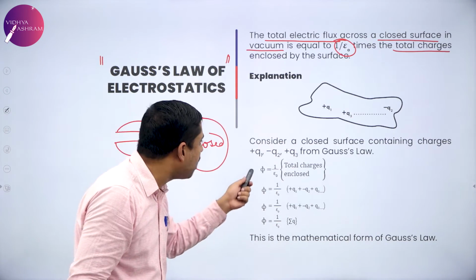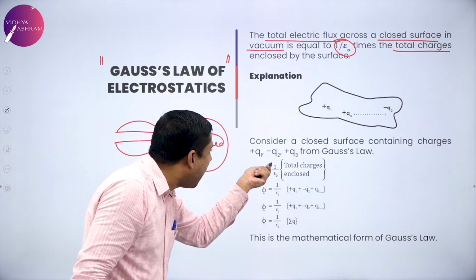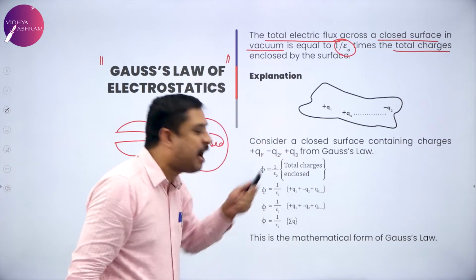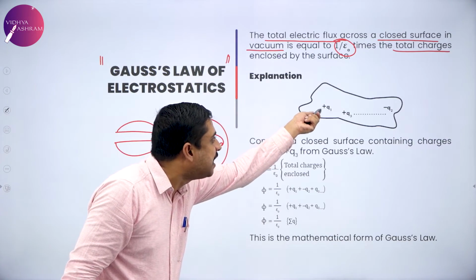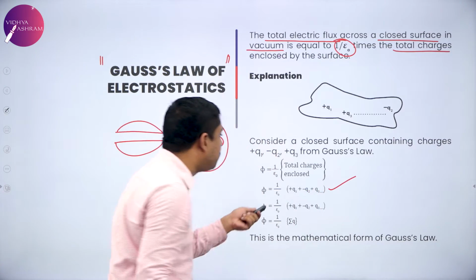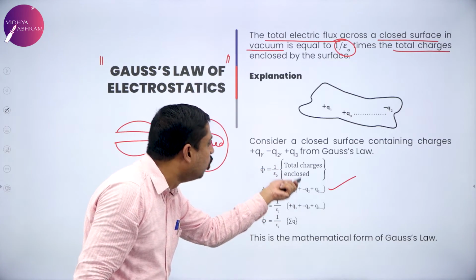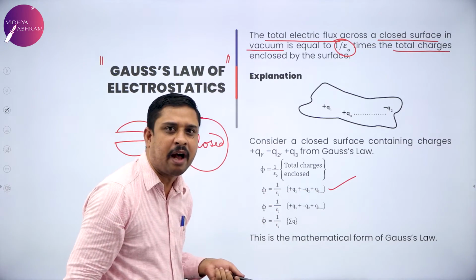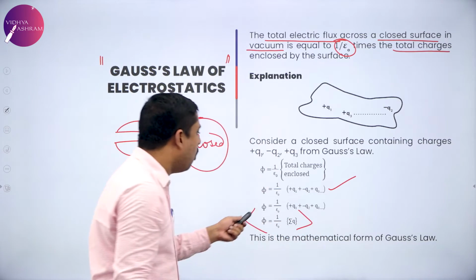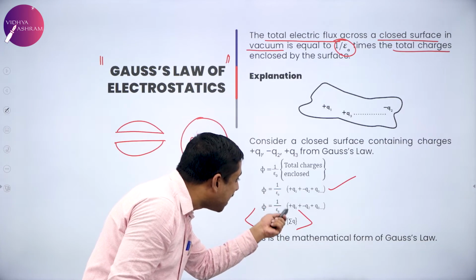So by the statement of Gauss law, flux phi should be equal to what? 1 by epsilon naught times the total charges enclosed by this surface. So phi equals 1 by epsilon naught times plus Q1 minus Q2 plus Q3, etc. If I summate this, I write phi equals 1 by epsilon naught times summation Q. What is this summation Q?